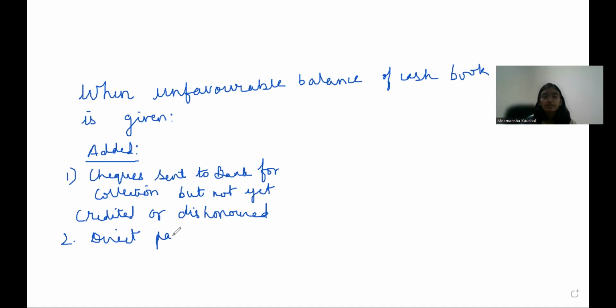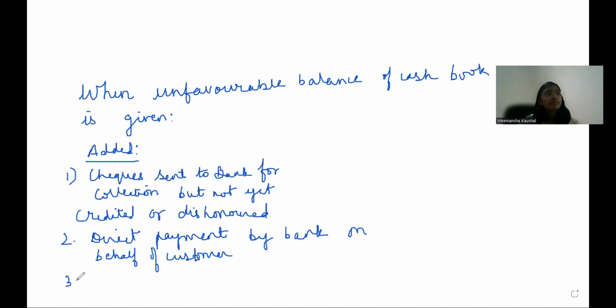Okay. Now the second is direct payment by bank on behalf of customers. There are certain things from standing instructions, also insurance bills, so many things, right? Electricity bill. Okay, any other thing you can tell me? Check.